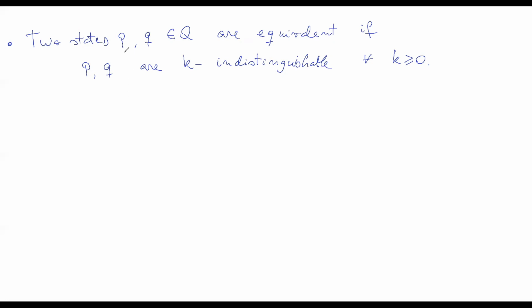So again, the insight is once you got to state P with some input word, it doesn't make any difference whatsoever if you are in state P or in state Q for the rest of your computation, because from P running a computation with whatever input word is the same as running a computation from state Q with that input word. The result is going to be the same, accepting or rejecting computations. This is the essence of the notion of equivalent states.